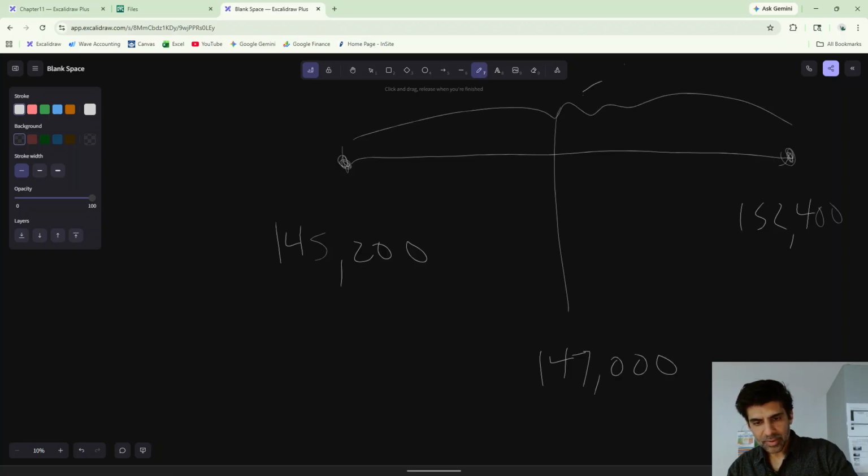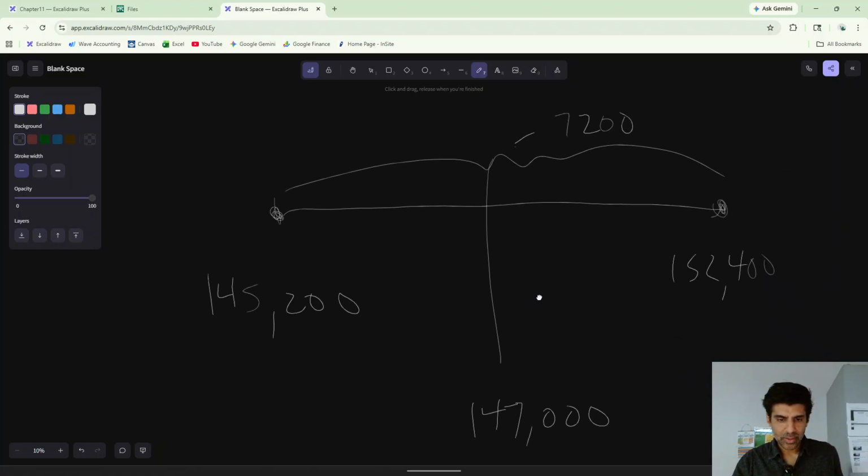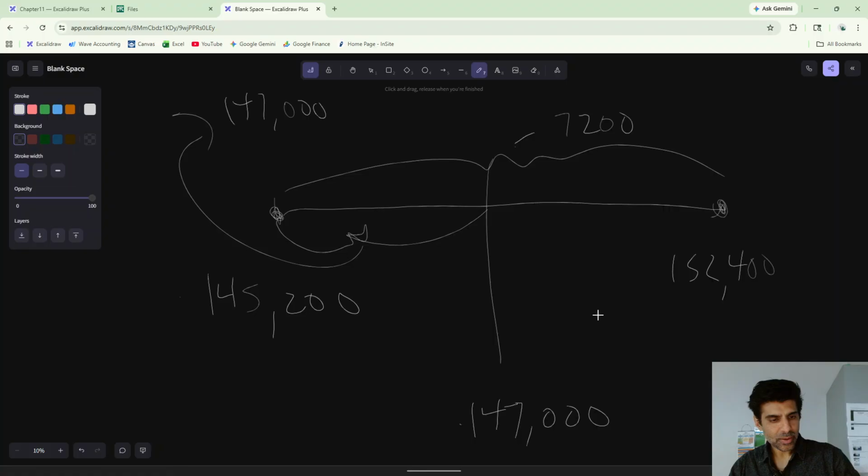So this total distance they're going is 7,200. I want to know just from here to here, how much is that? It's simply 147,000 minus 145,200.